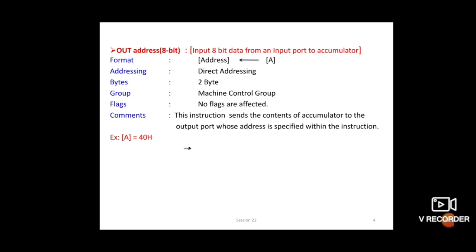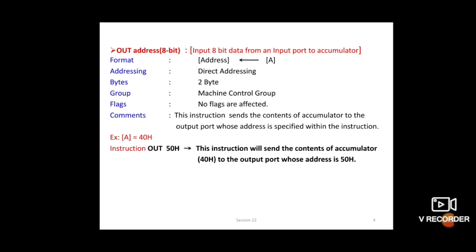Now see an example: the accumulator contains 40H. Now the instruction is OUT 50H. What is 50H? 50H is a port address, means whatever content is in the accumulator, that content is transferred to the 50H port. This instruction will send the contents of the accumulator to the output port whose address is 50H. Now see, before execution the port is 50H and the accumulator contains 40H.